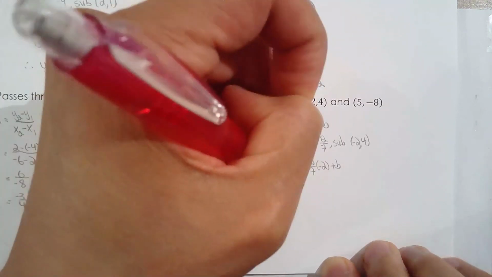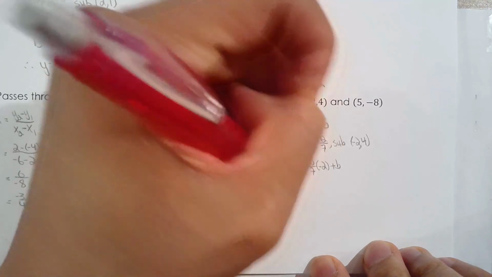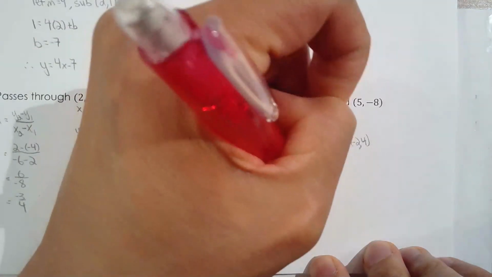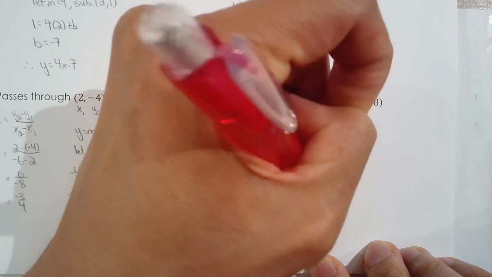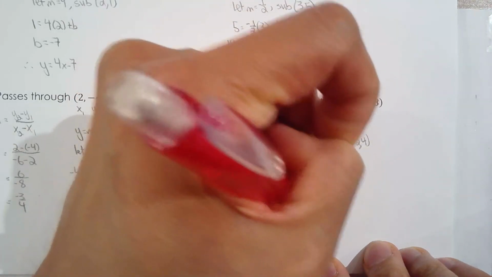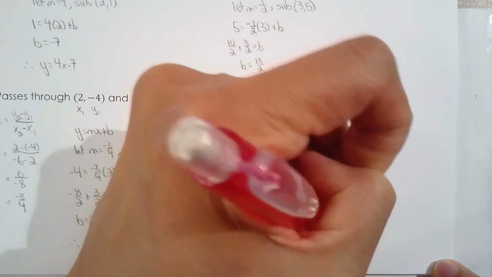So we want the denominator 7, so this is 28/7. This will be 24, so it's -24/7. So b is 4/7. Alright, then we have the equation, y = -12/7 x plus 4/7.